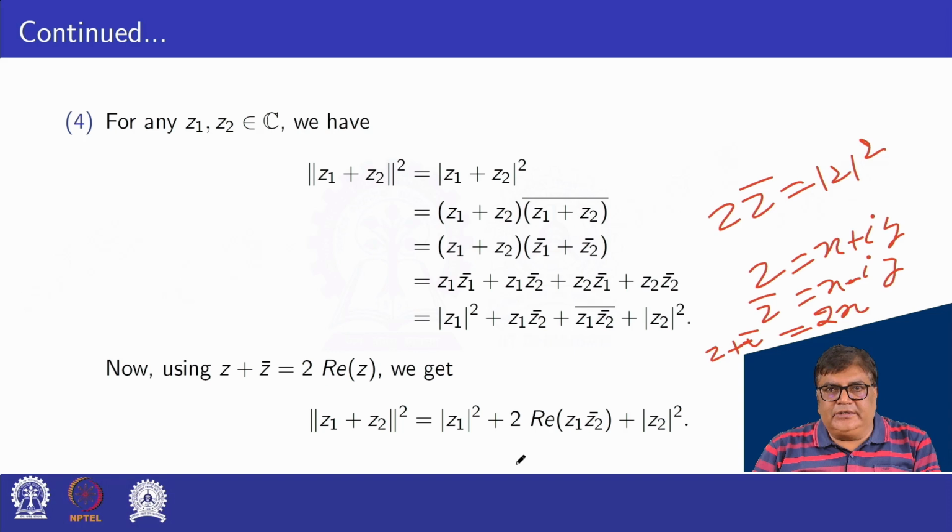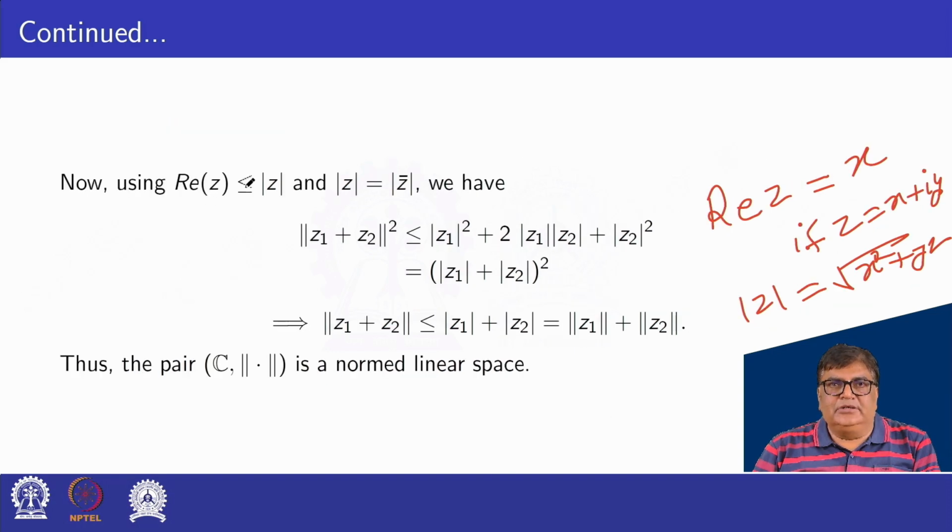Using this, we can write the square of the norm of z1 plus z2 less than or equal to mod z1 square plus 2 mod z1 mod z2 plus mod z2 square. This whole term can be written as the square of mod z1 plus mod z2.